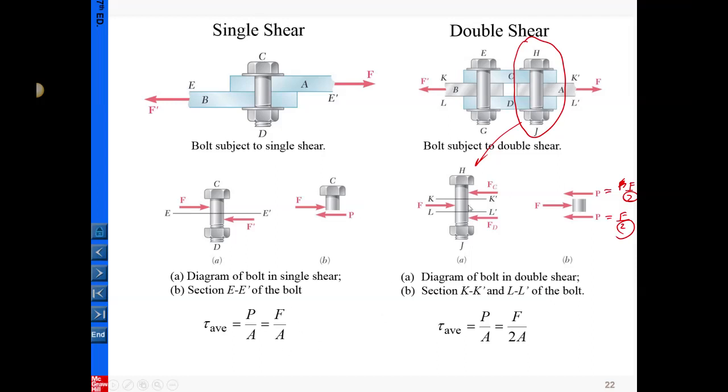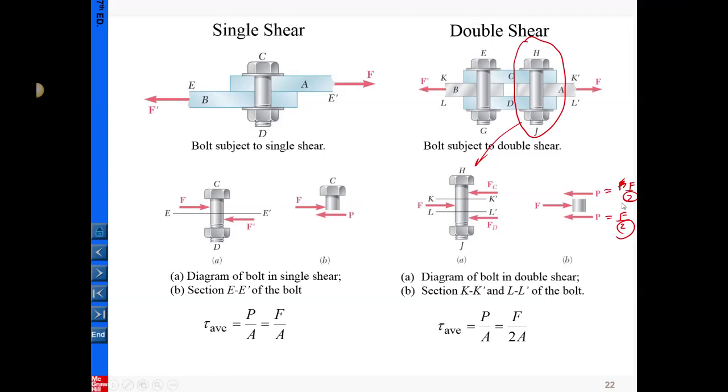So here is a comparison for you, single shear, double shear. I can tell you this definition, single and double shear, only appears in chapter 1. And in my experience, the single shear, double shear definition is not that critical.